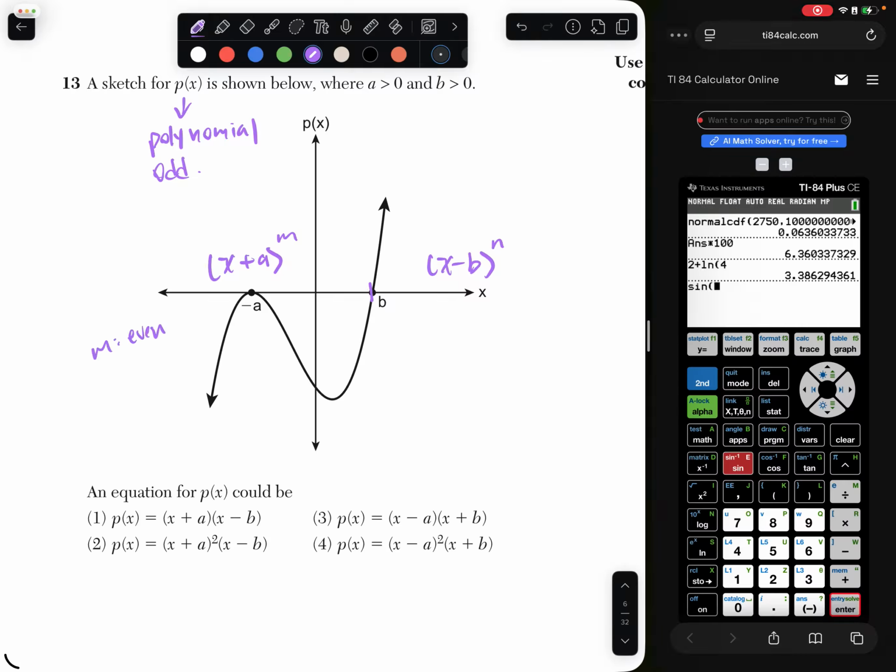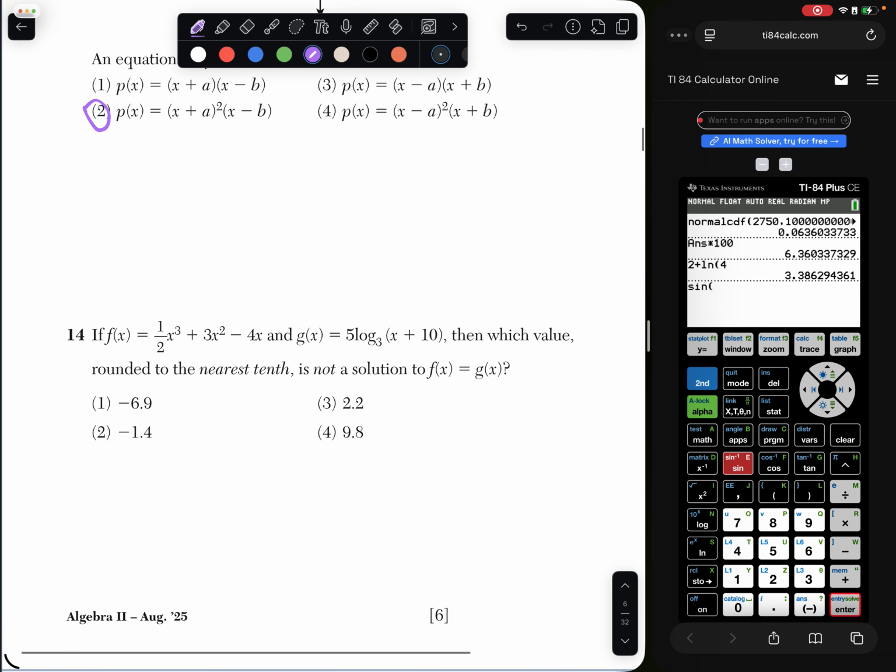At b, it goes right through, which means n is odd. Looking at my answer choices, the only one that satisfies this description is answer choice 2.